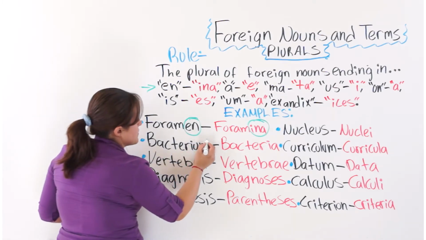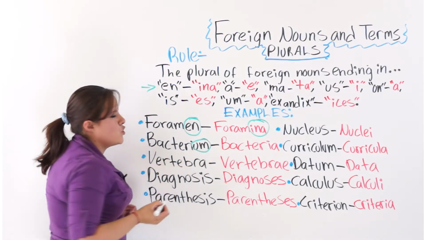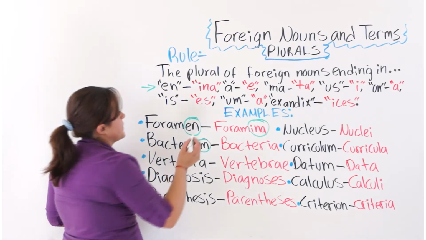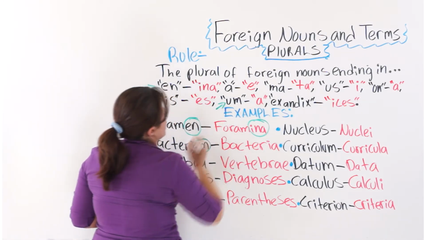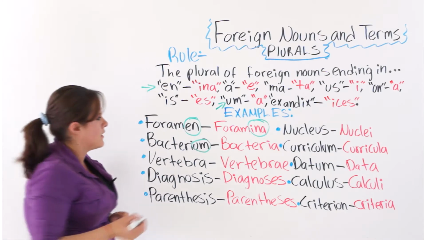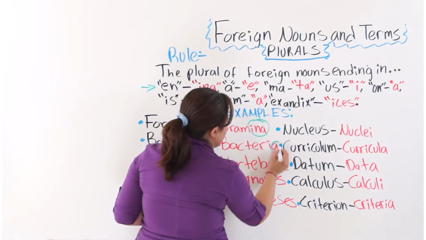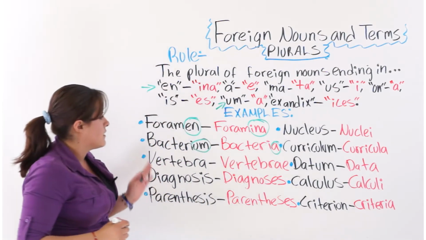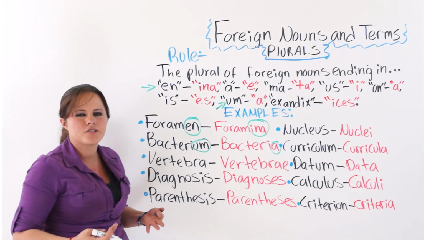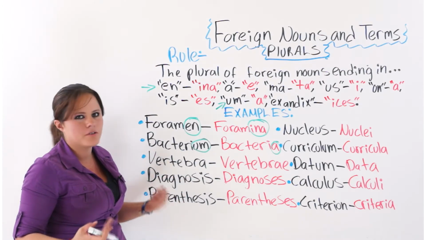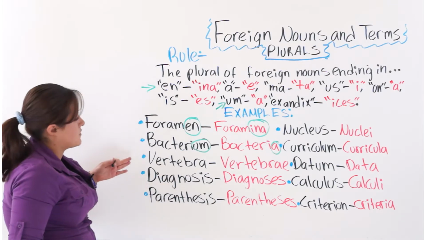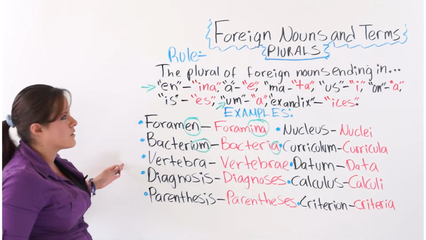All right, the next one is bacterium. As you can see here, notice it ends in um, so the rule says that will be replaced with an a. So instead of saying bacterium, we are going to say bacteria in the plural form. The next one says vertebra.